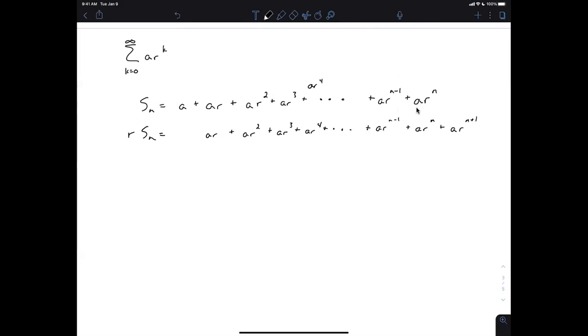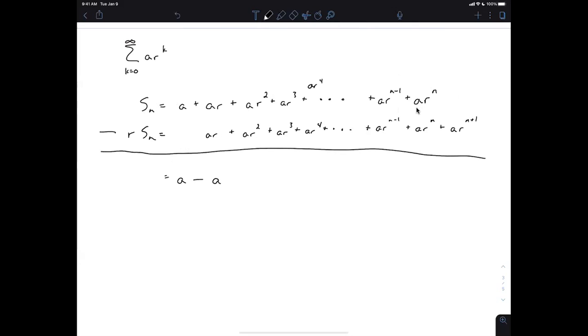So now if I subtract them, let's deal with the right-hand side first this time. Then I get A minus AR to the n plus 1 because all of the ones in the middle cancel. Does that make sense?